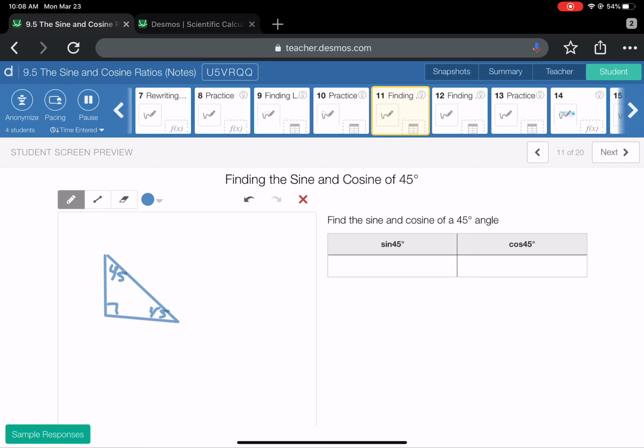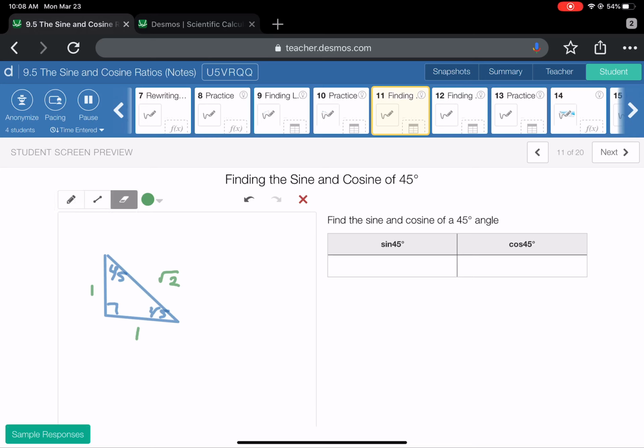Then we use what we know from special triangles, and we know that the side across from the 45 is equal to W. And then across the 90-degree angle, we have W times the square root of 2. Again, from the previous lesson, we made W equal 1, because that's going to make our calculations a lot easier. So if we change our W to a 1, then the hypotenuse is just going to be the square root of 2.